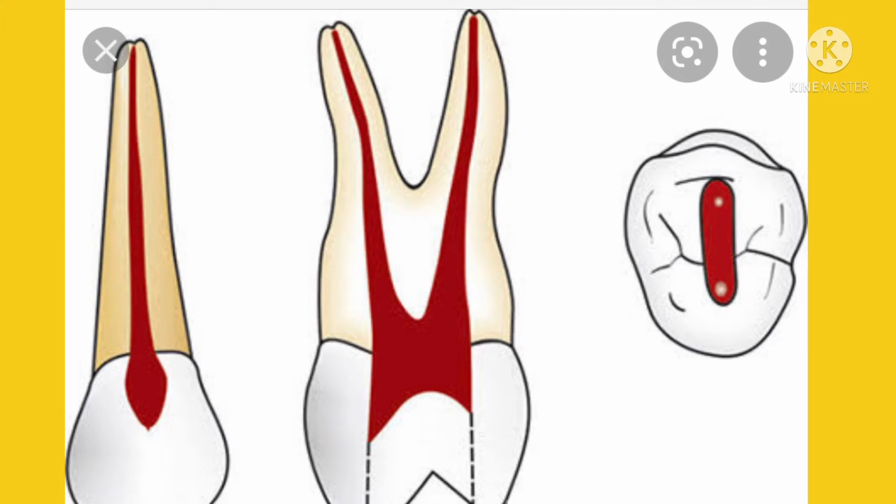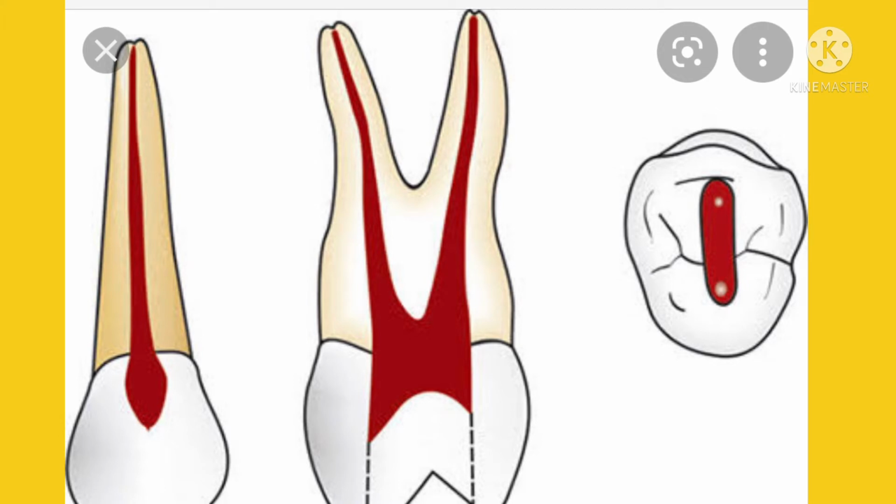Of the total cases in this study, 43% have one root and 2.4% have three roots. When two roots are present, they may diverge as much as 25% from each other.